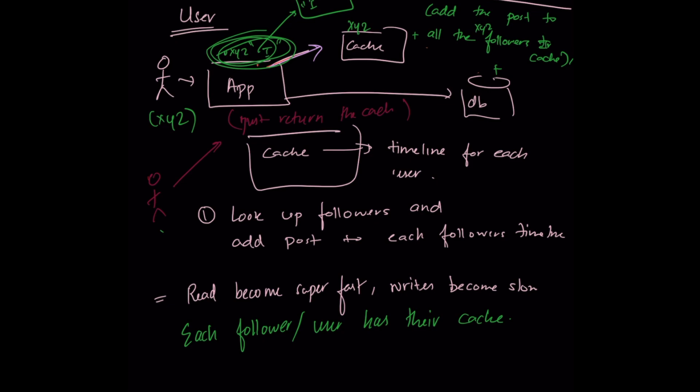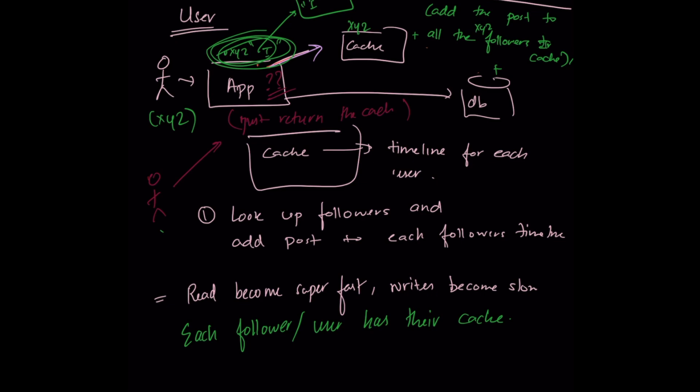He has 5 million followers. So would you want the application to go and update 5 million caches? Something could happen and there could be discrepancies, and updating 200 versus 5 million is different, right? So can we improve upon this?